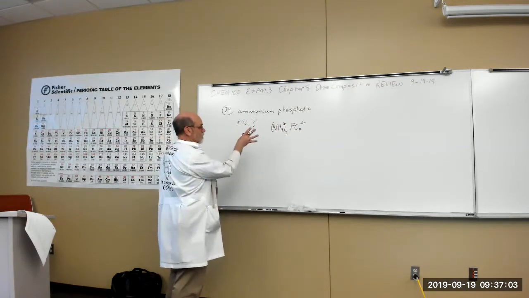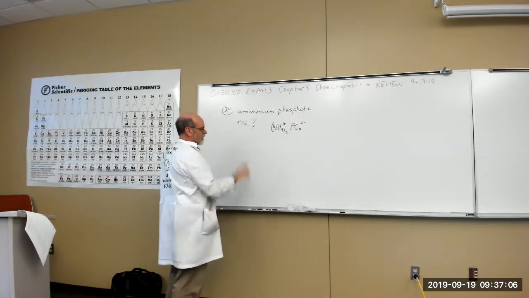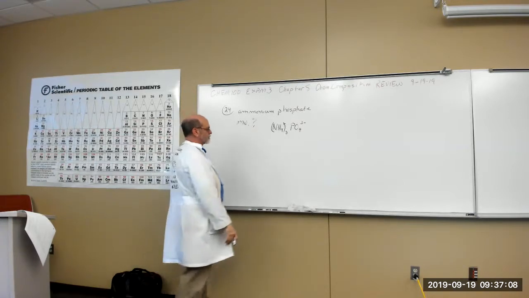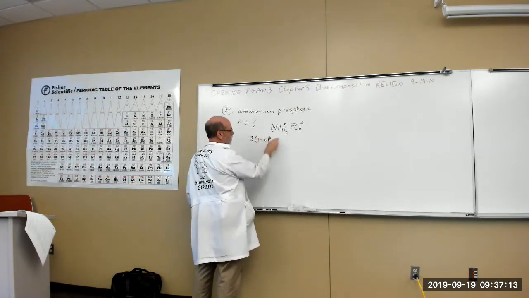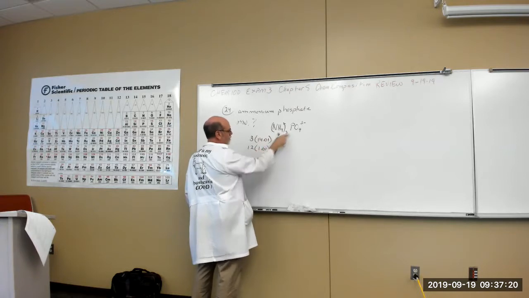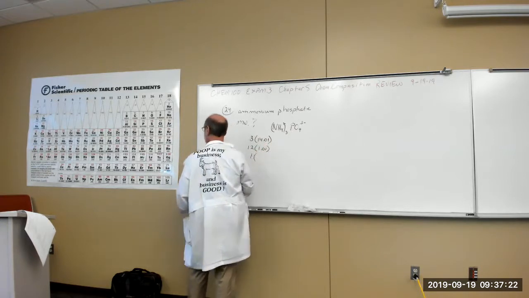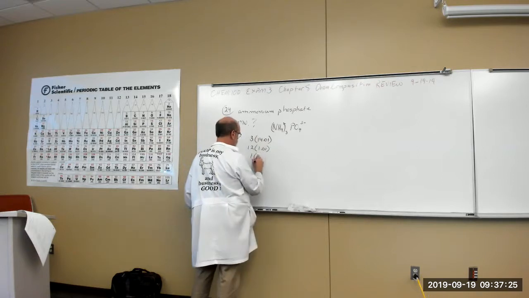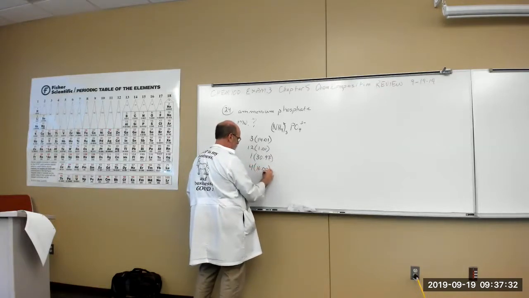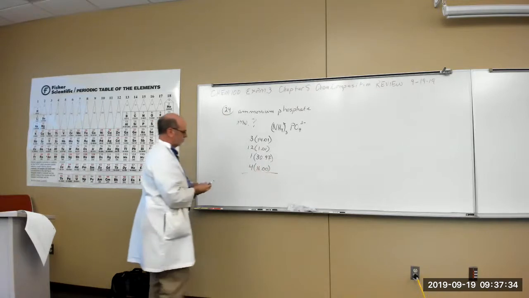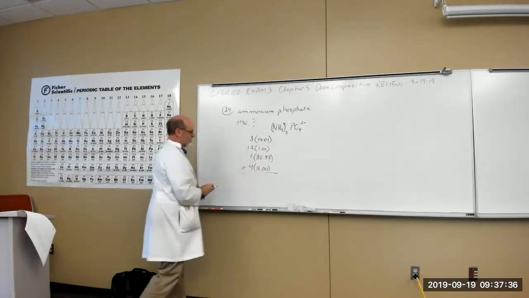Now that you know the chemical formula, you can calculate the molar mass. You just need 3 nitrogens. You need 12 hydrogens, right? We need 1 phosphorus, 30.97. And we need 4 oxygens. And add them all together, of course.